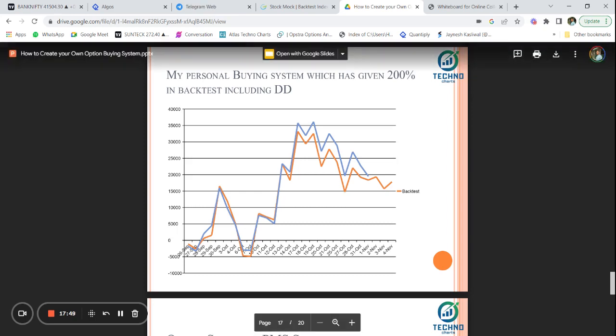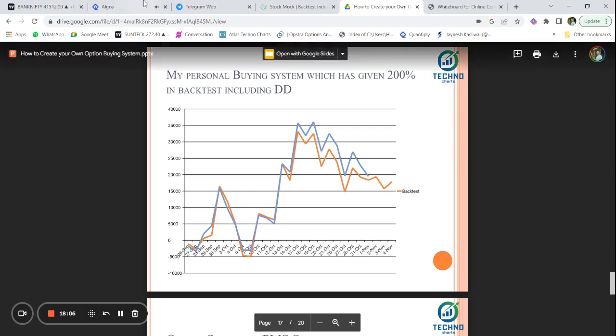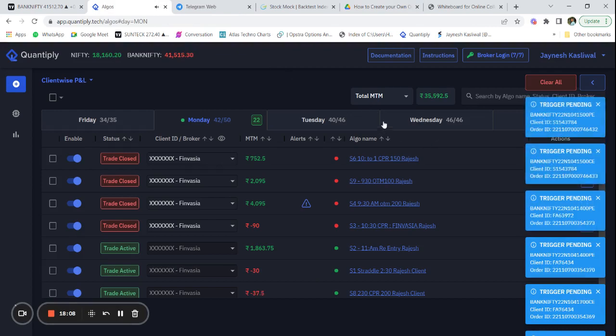But the highest returns it had given me was around 35%. And after that, we are in drawdown as of now of around 15-20,000 rupees, right? So this could be a very irregular money making machine, but once you combine it with selling strategies, then it's better. So now, as you can clearly see, a few of my orders are getting punched for the afternoon to catch the reversals and all.